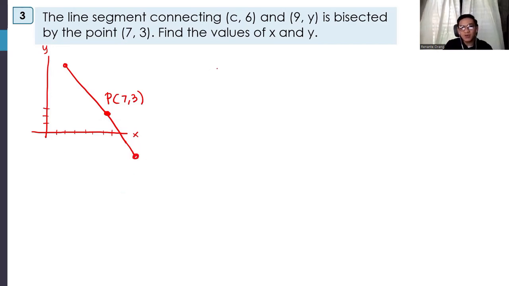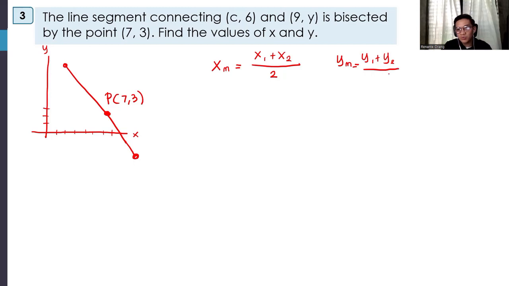For this one, our formula is x middle is equivalent to x sub 1 plus x sub 2 divided by 2, and y middle is equivalent to y sub 1 plus y sub 2 divided by 2. Let's start with x middle.